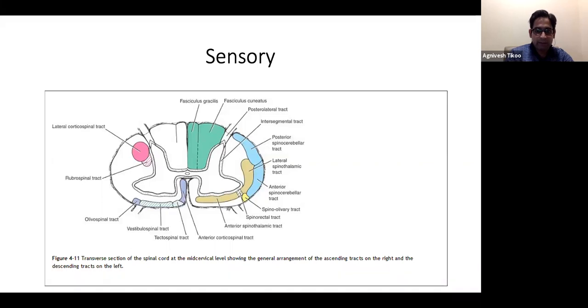But below that level, which is D11 and below, you will have loss of pain and temperature sensation on the other side, which is the right side, whereas loss of fine touch and vibration on the same, ipsilateral side. That is what we call Brown-Séquard syndrome.